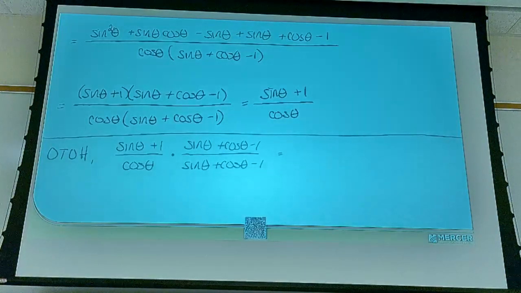I shouldn't have to go through that, right? Because I just showed you how it's going to factor, or what the factor form was. That's just going to be sine squared plus sine cosine plus cosine minus 1, where we get a minus sign and a plus sign, which is 0.